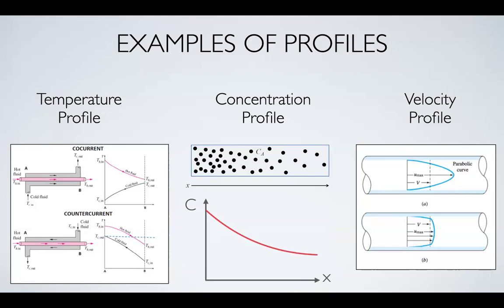The rate of reaction is dealing with time, right? So if you have a very high velocity flow, that means the length of time that the reactants, for example, stay inside the reactor is very short, compared to the lower velocity, right? So that is going to impact the rate of reaction as well.